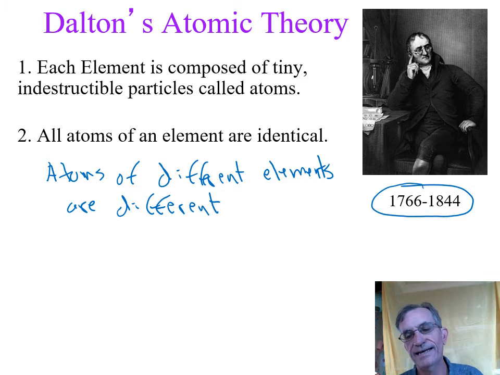An oxygen atom is different than a nitrogen atom. A nitrogen atom is different than a hydrogen atom. If you're a different element, you behave differently. All atoms of an element are identical. Atoms of different elements are different. Now there are two more parts to his theory. These two parts have to do more with how atoms interact with each other. So let me flip over to the next slide and we'll talk about the last two statements in his theory.